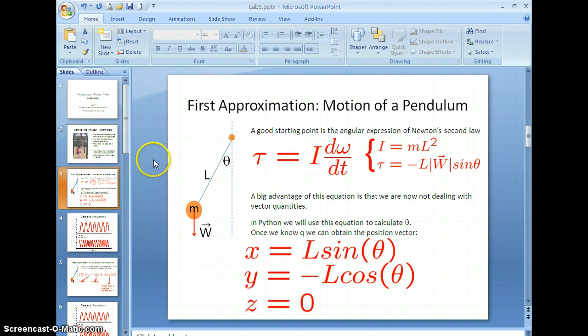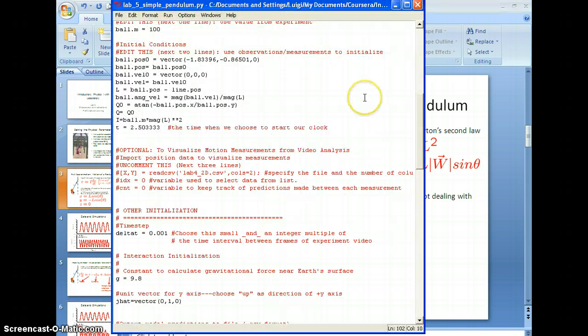In Python, we are going to calculate this angle theta, and use theta to obtain the x, y, and z components of the position of the pendulum. Here is the Python code where I imported the initial position as extracted from Tracker and the initial velocity, and I used this expression to obtain the initial angular velocity and the initial angle of the pendulum.